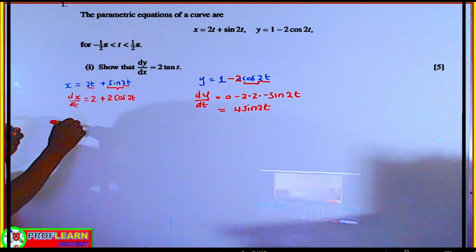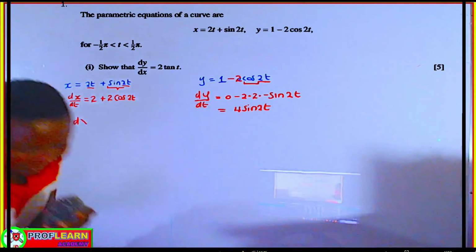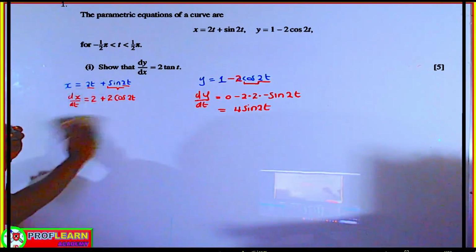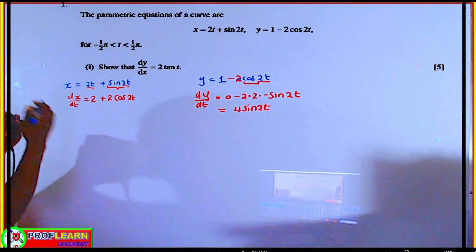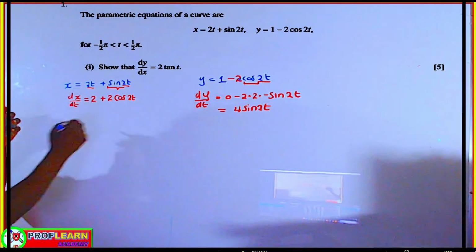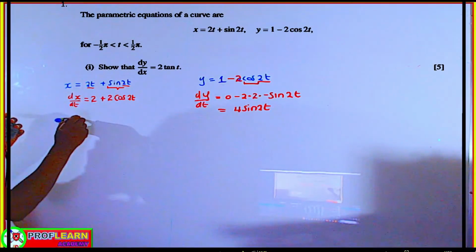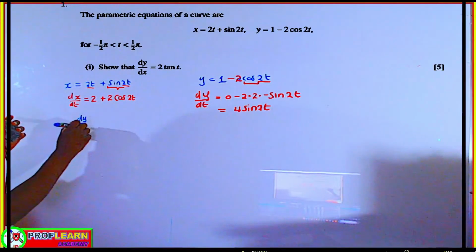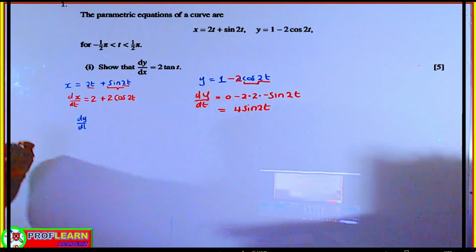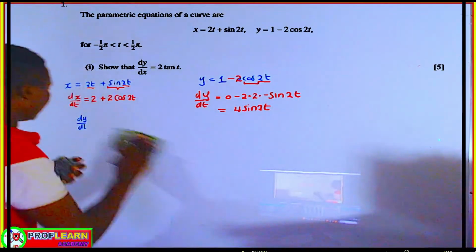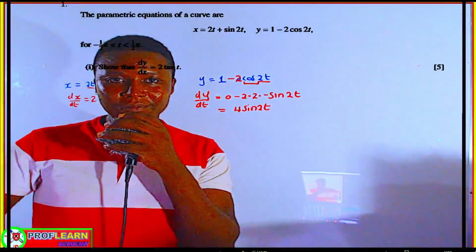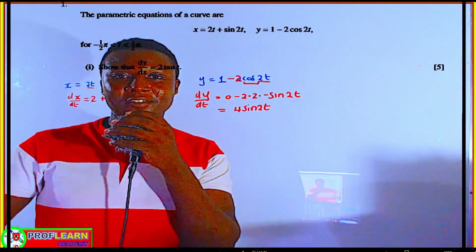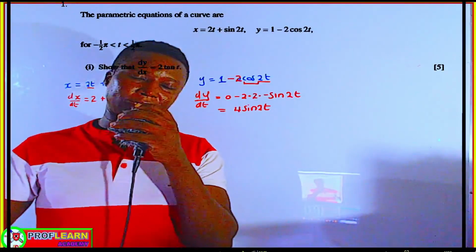I think we need to slow down a little bit so that we can continue properly. In this question, we're supposed to show that dy/dx is equal to 2 tan t.